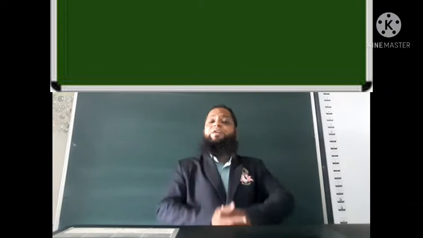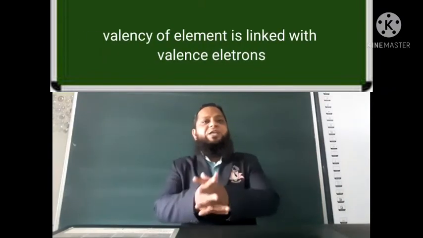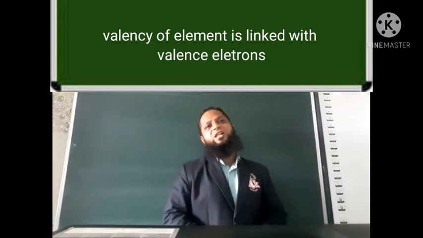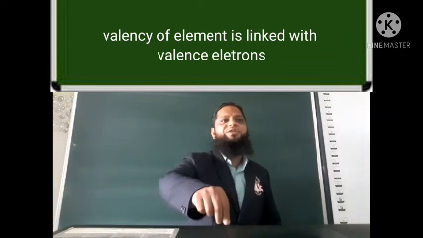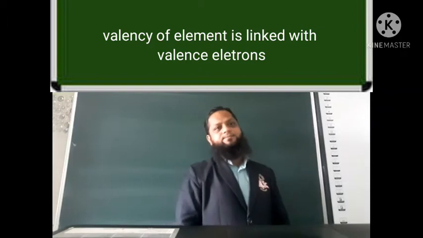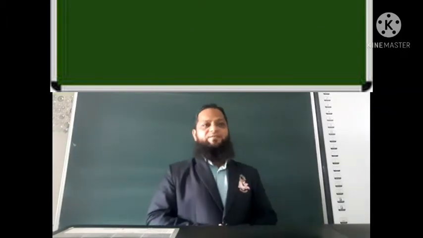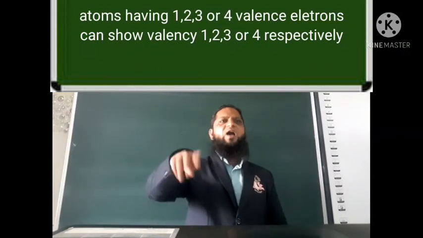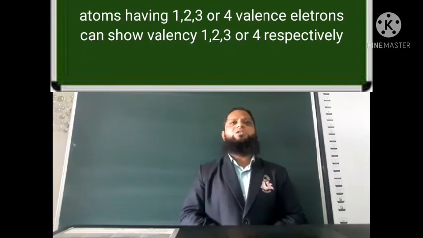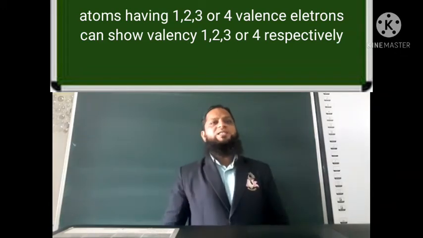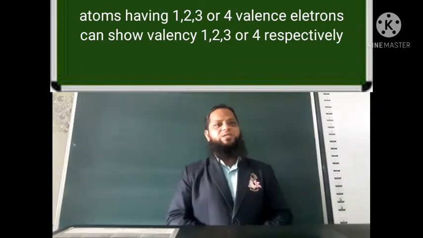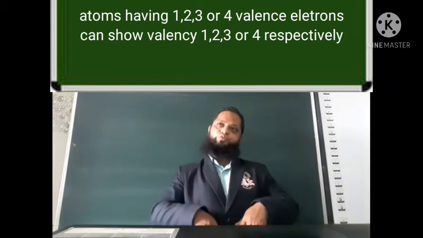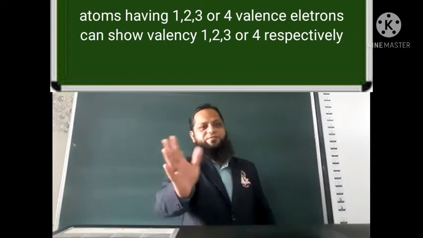The valency of an element is linked with the electrons already present in its valence shell and the electrons which it actually needs. The atoms having 1, 2, 3 and 4 valence electrons normally lose these to the combining atoms and they show the valency 1, 2, 3 and 4.